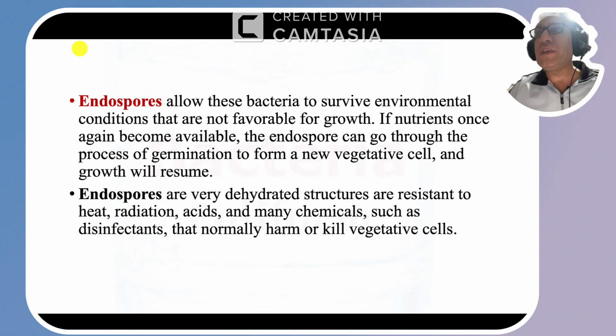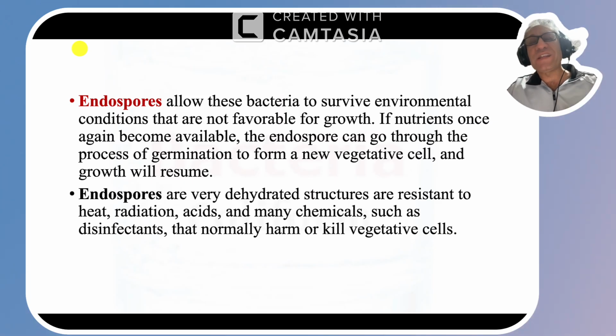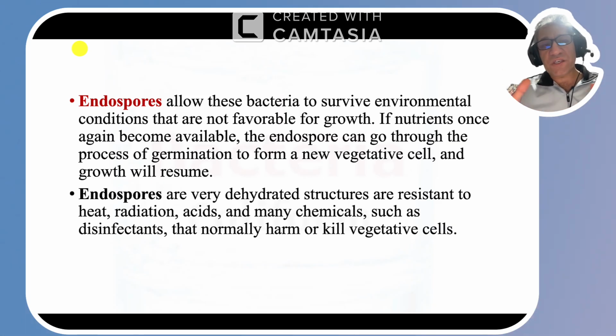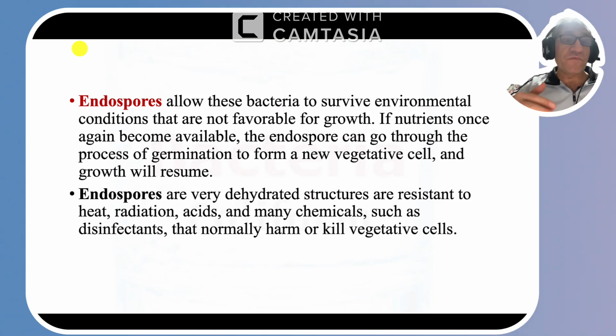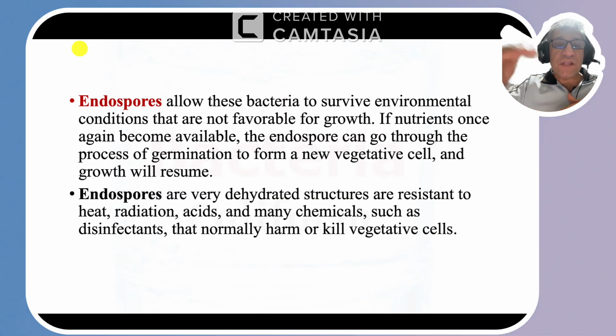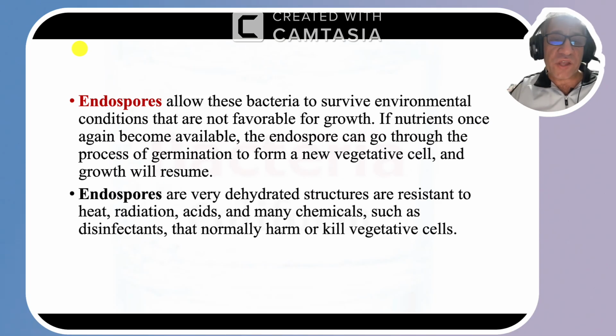These cannot kill the spores. Of course, there are levels. For example, not for a very high temperature, but it can keep itself to a high level of heat and radiation.